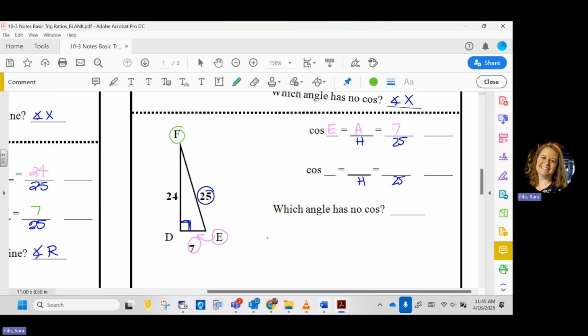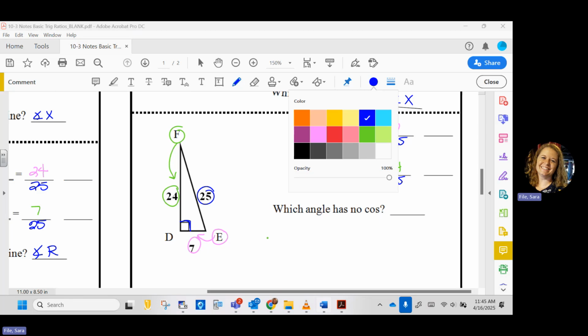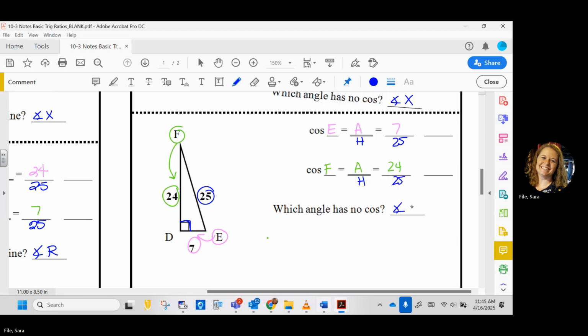If I measure from angle F, adjacent to F is the 24. And you can again see that relationship between sine versus cosine for this triangle. And you will never have cosine of angle D here because that's the right angle.